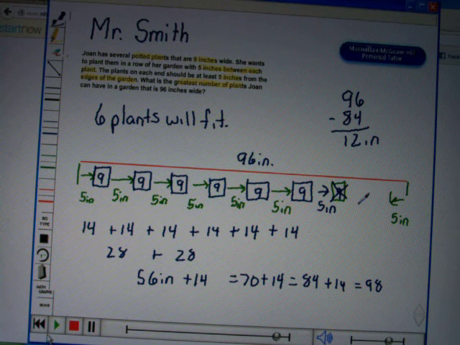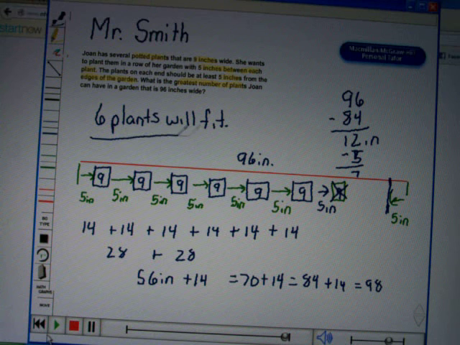Once again, the reason why I did not plant another plant is we have to have this 5 inches here. So we can't go in there because we have 5 inches on each side. So that only leaves 7 inches. And within 7 inches, I can't move over 5 inches and plant a 9-inch plant. So our answer is 6 plants will fit in her garden.